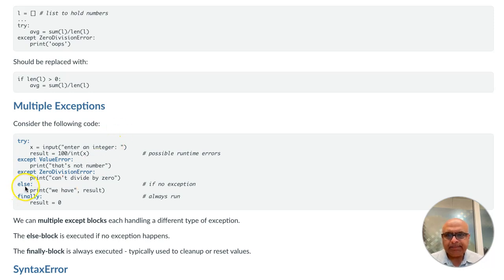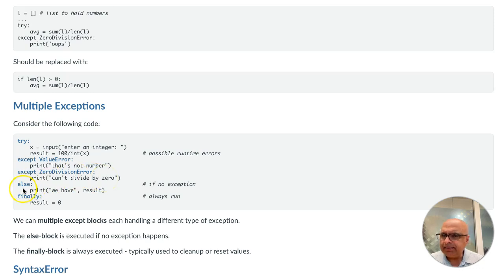So the else block is executed if no exception has happened. The finally block is always executed regardless of whether an exception happened or not. So what are these things used for? Let's take a look at this example. So we've already seen that if there's a value error, we can say, hey, this is not a number, and for zero division error, you can't really divide by 0.